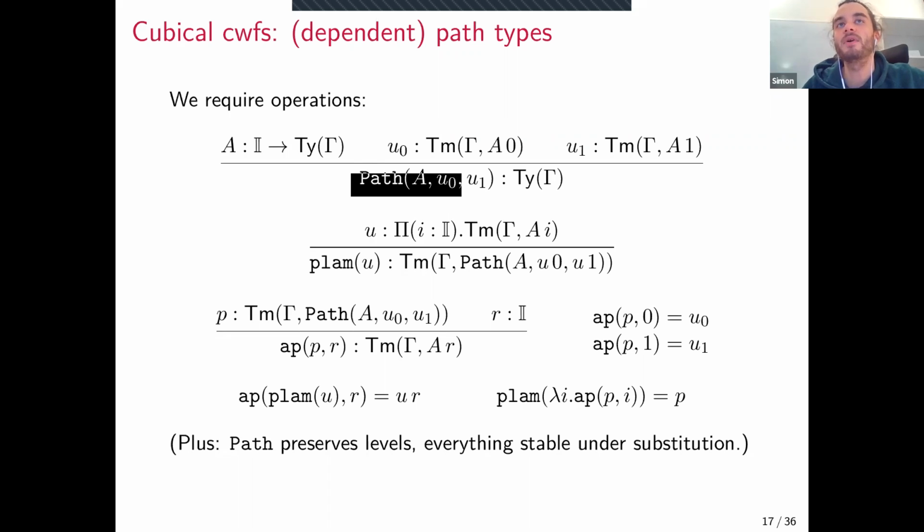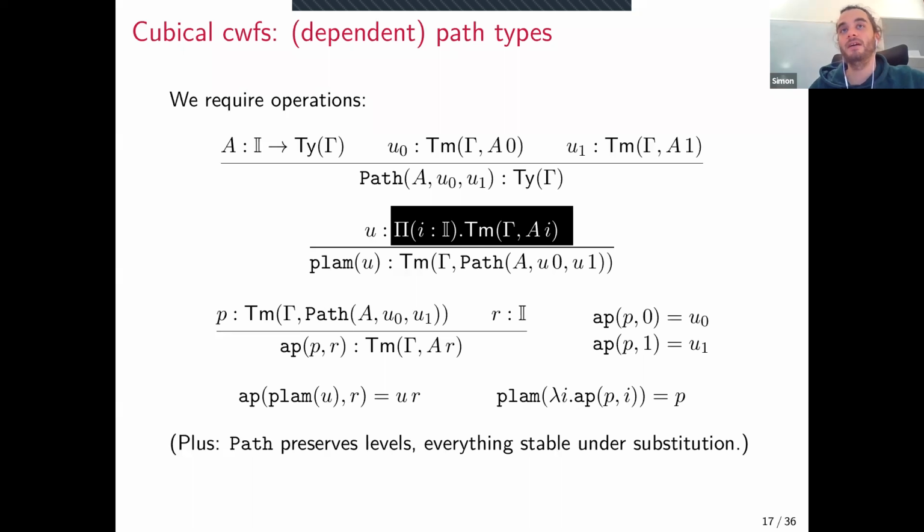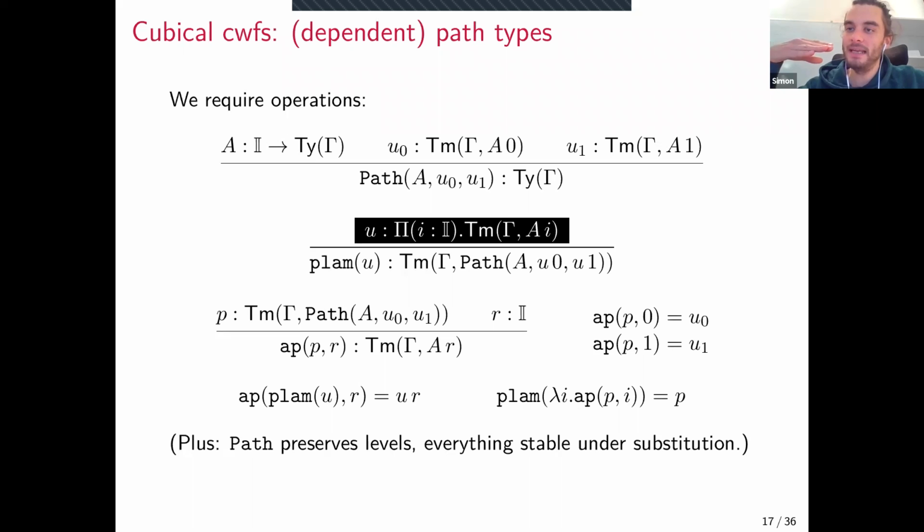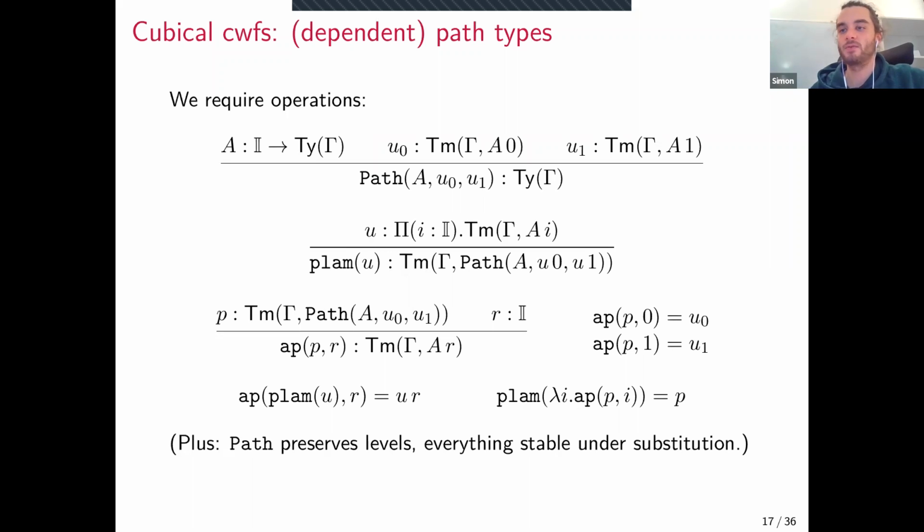I have a new type, this is the formation rule, the path type. To give inhabitants, I give a section of this type here. For each i in I, I give a term in A of i. Then I can abstract this and get a term of the path type. To build these, I will use the lambda of the internal language, because I have to give a dependent function from I into here.